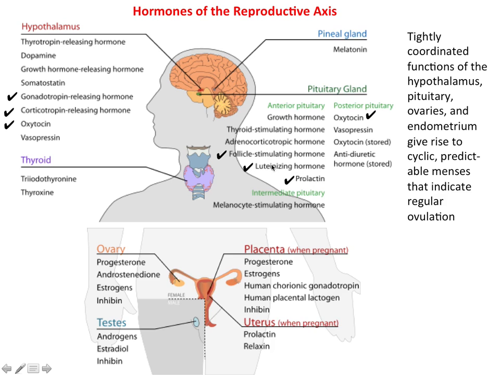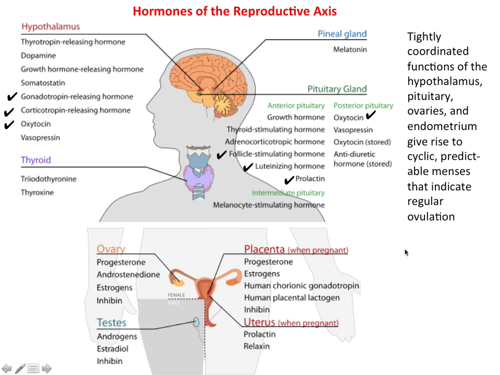These three hormones are produced from the anterior lobe, and FSH and LH are called gonadotropins, and the third one is prolactin. The posterior lobe of the pituitary produces oxytocin. So from the pituitary, these four hormones can act as reproductive hormones.